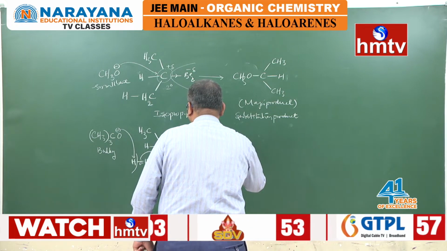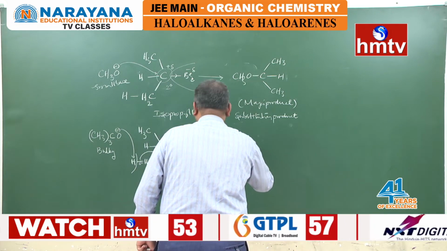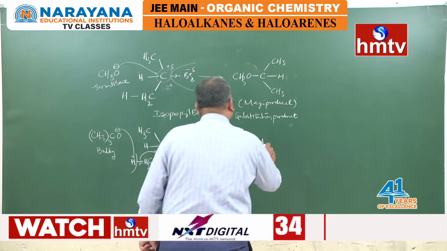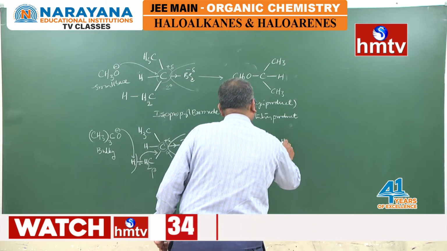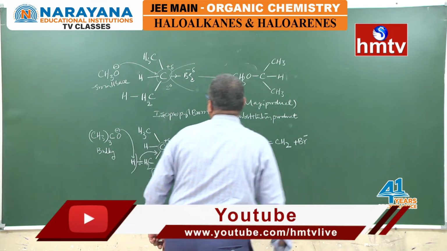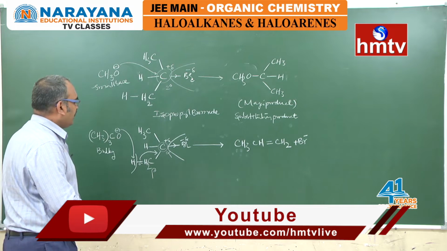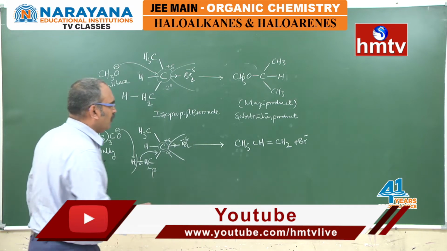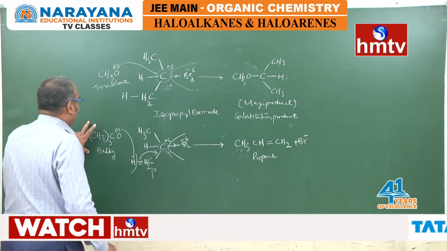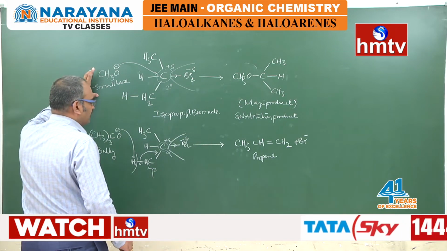Elimination gives CH3-CH=CH2 plus Br minus. This is propene. Here this is a bulky base, this is a small base.